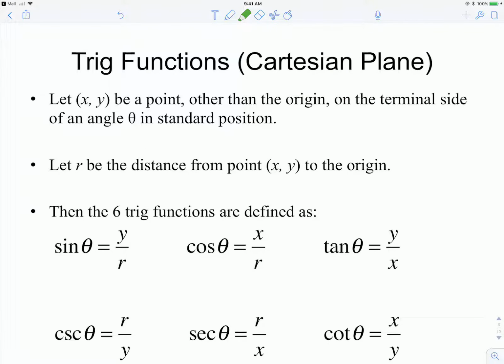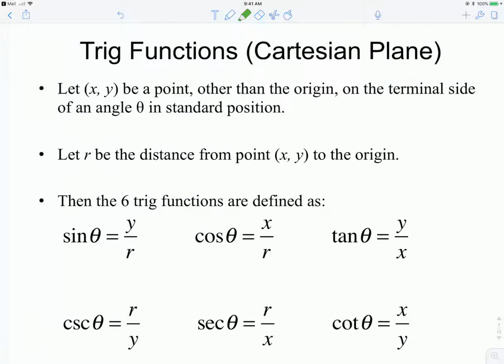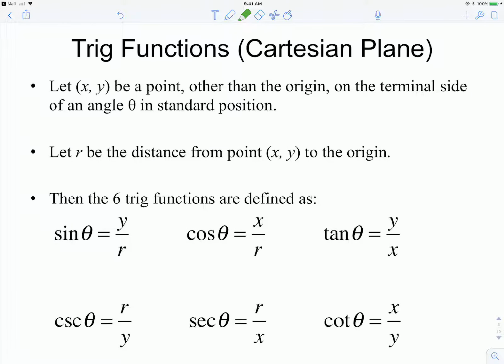Okay, so you guys are familiar with sine, cosine, tangent. Sine is y over r, and in the unit circle r is equal to 1, so that's why we're able to just look at the y value of each point on the unit circle to determine what sine of theta is.